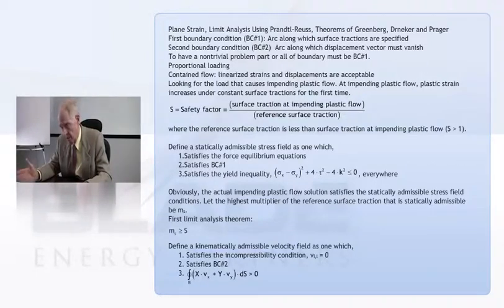And if that happens, then you say, well, I can't still have a statically admissible field if this multiplier goes up.